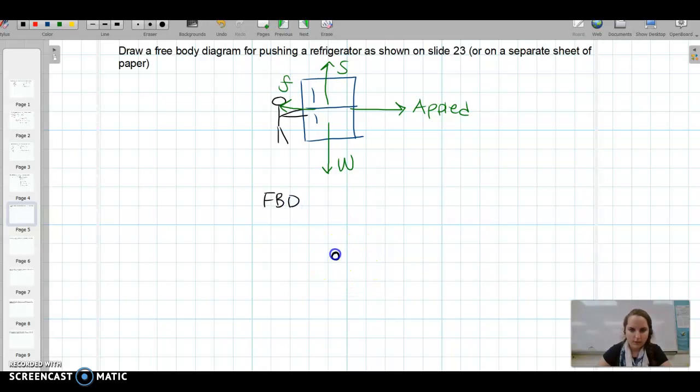So we start with our dot, which represents that center of mass, and we draw the forces acting off of it.